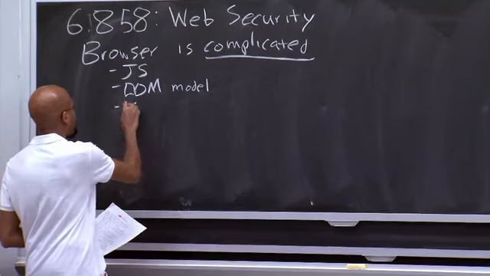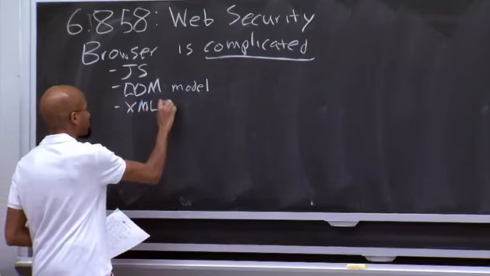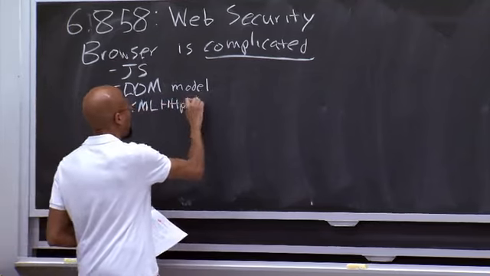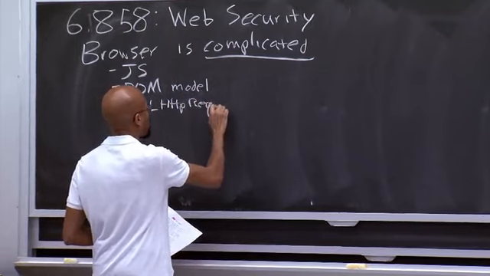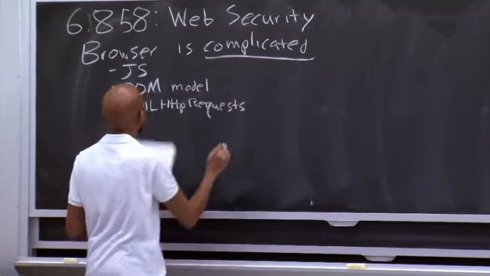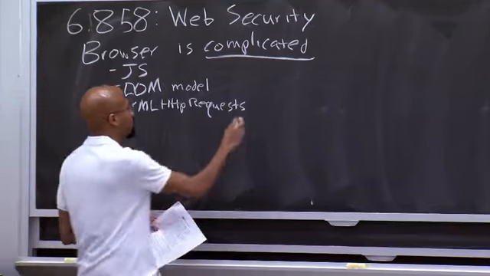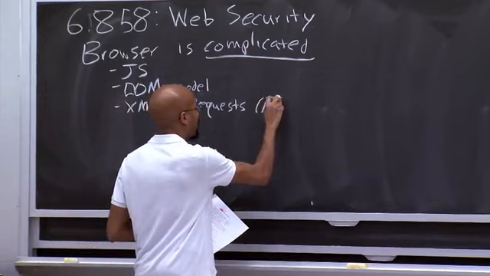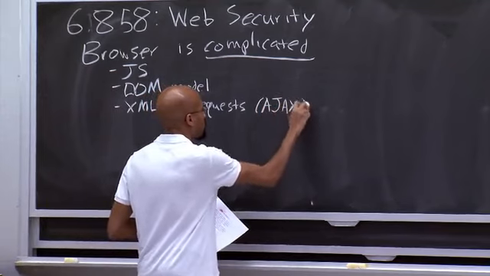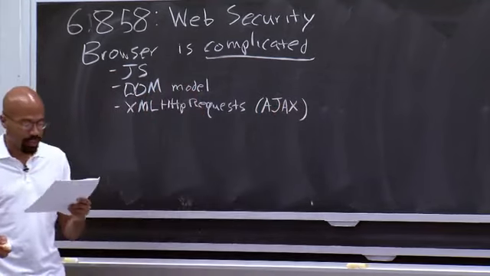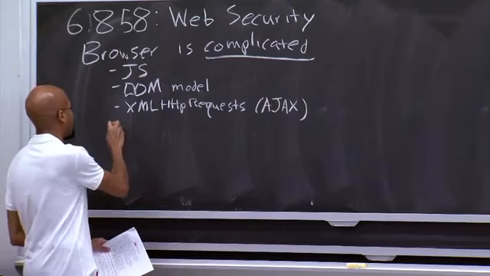There's XML HTTP requests, which are a way for JavaScript to asynchronously fetch content from servers. You may also hear them referred to as AJAX, or asynchronous JavaScript fetching. There are things like WebSockets.